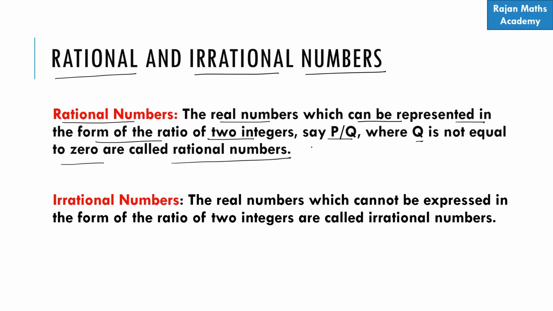So rational numbers are those numbers which can be represented in the form of p by q, where p and q are integers and q is not equal to 0, like denominator is not equal to 0.